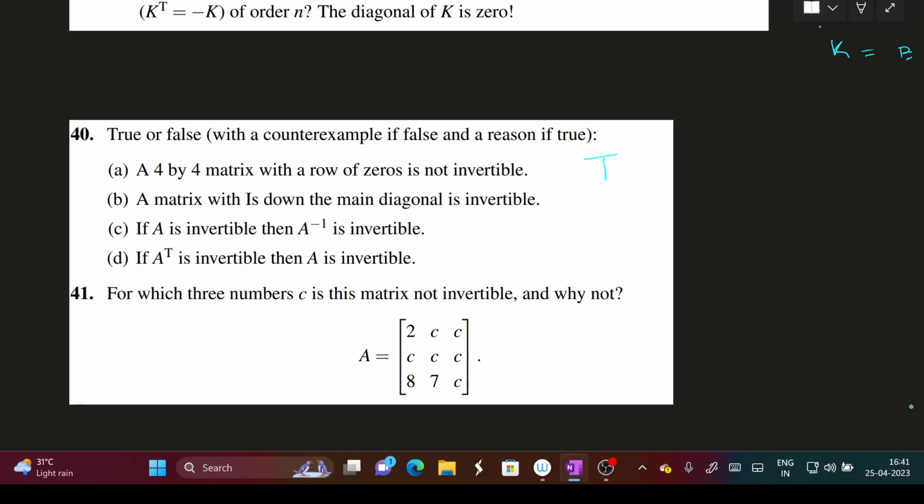Next, a matrix with ones down the main diagonal is invertible. Not necessarily. For example, down the main diagonal, if it is 1, there is no information regarding the other entries.